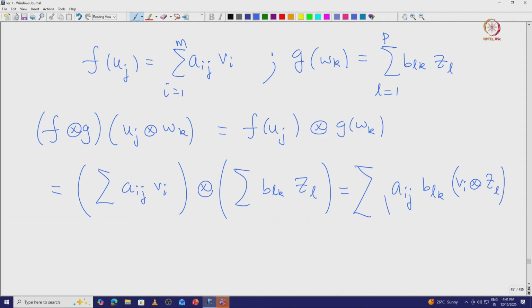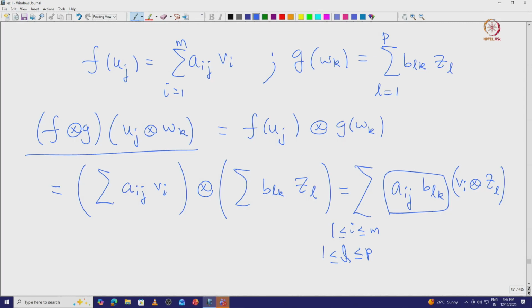So, you can see that, what should be the entry of the corresponding ilkj position. Here the i runs over from 1 to m, and l runs over from 1 to p, and we have computed the action of f tensor g on this basis vector uj tensor wk as this.